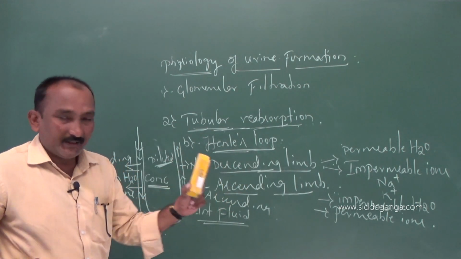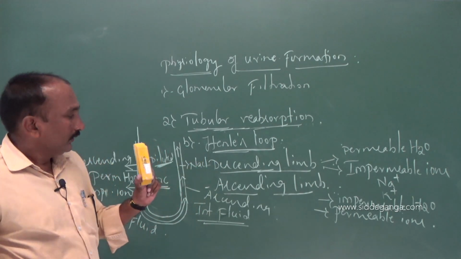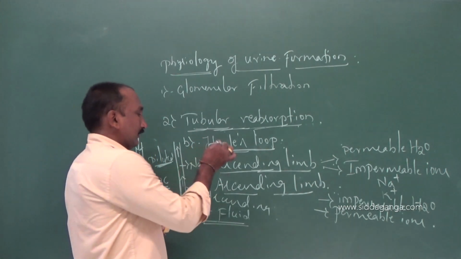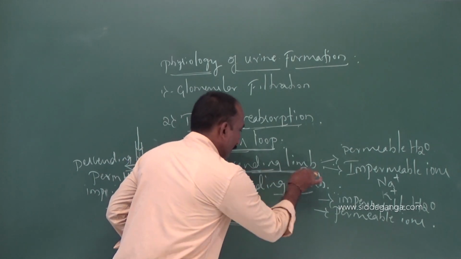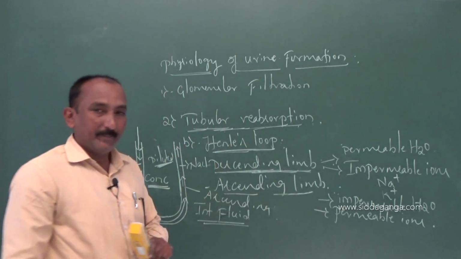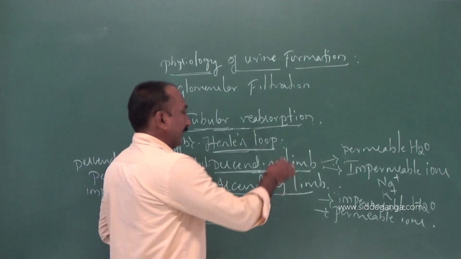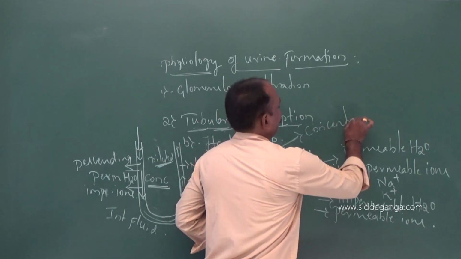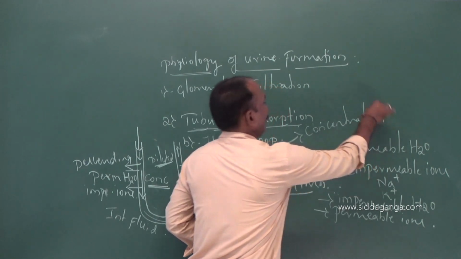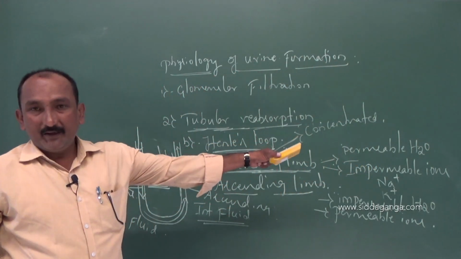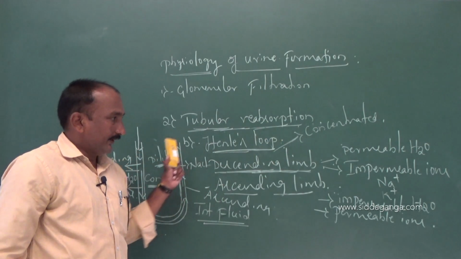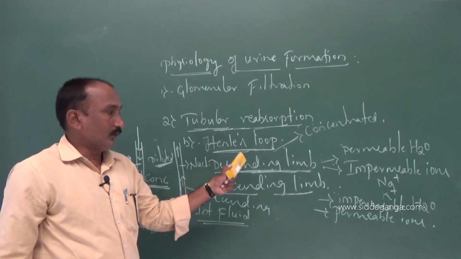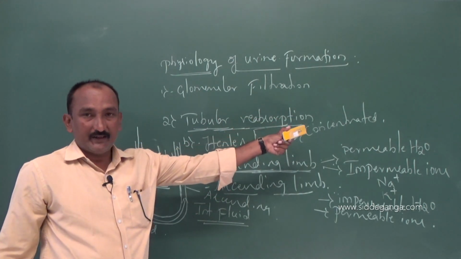So one thing you must know: while the filtrate moves through the descending limb, the filtrate becomes concentrated because it is permeable to water. The water is reabsorbed from the filtrate, so the filtrate gets concentrated.